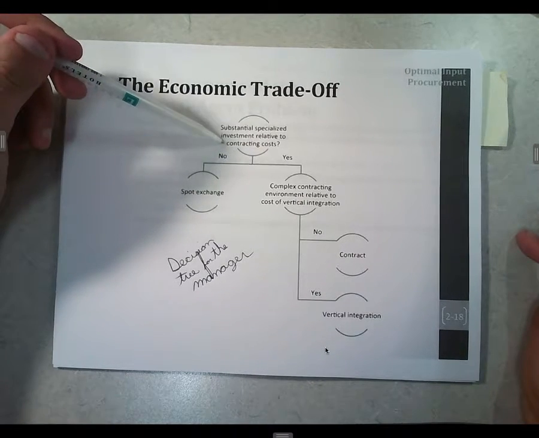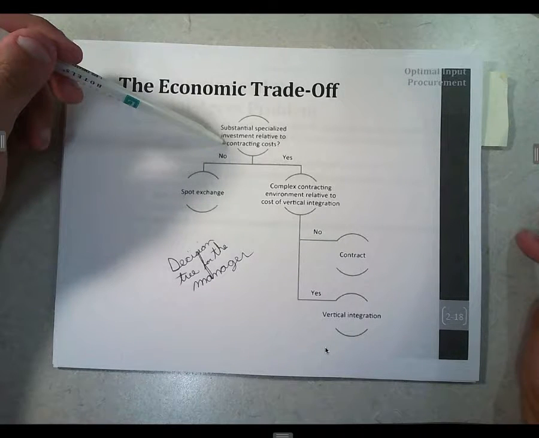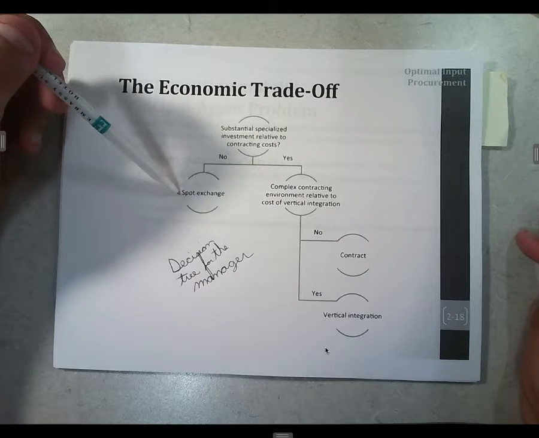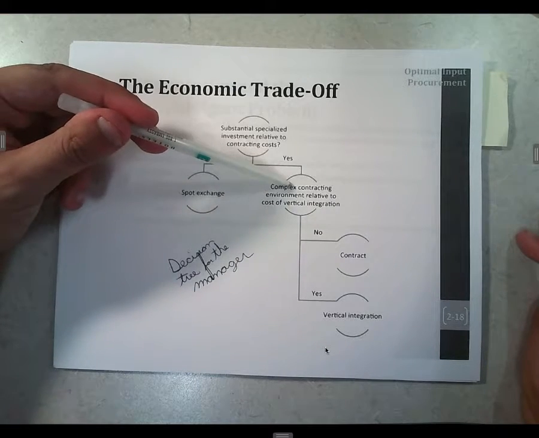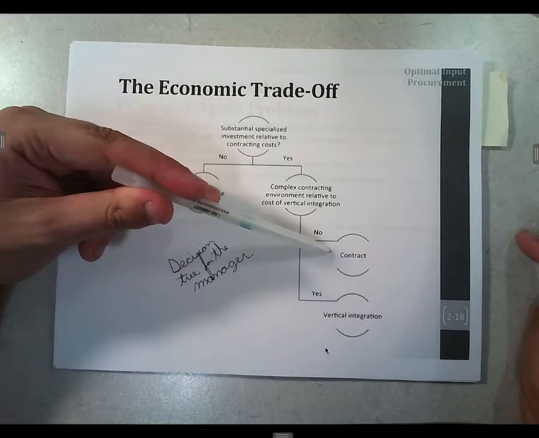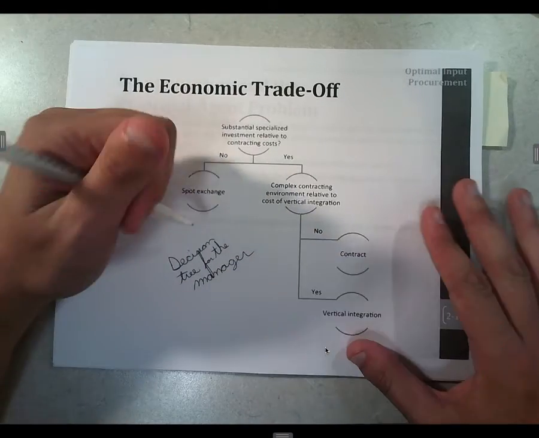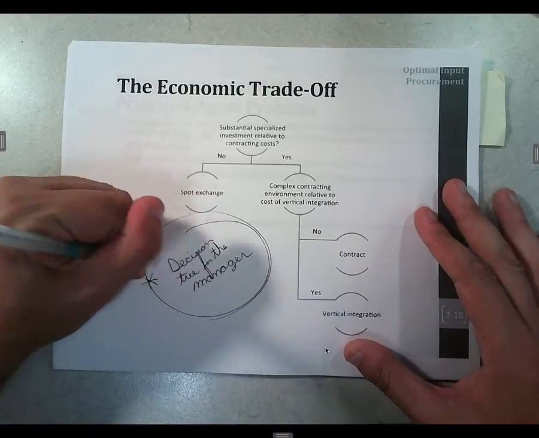What kind of contracts, what kind of input is this that I'm getting? Is it going to require specialized knowledge, investment in this relationship? If it doesn't, just go out on the spot market. If it does, then you need to think about whether I'm going to do it as a contract or do it myself. Here's my decision tree for the manager. Very important slide.